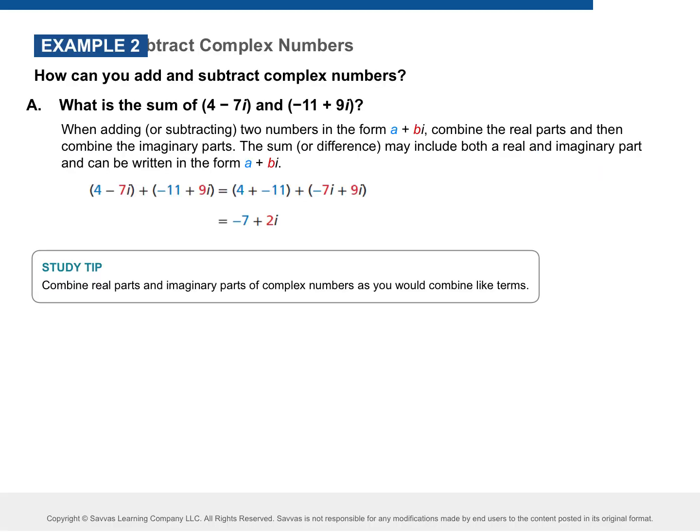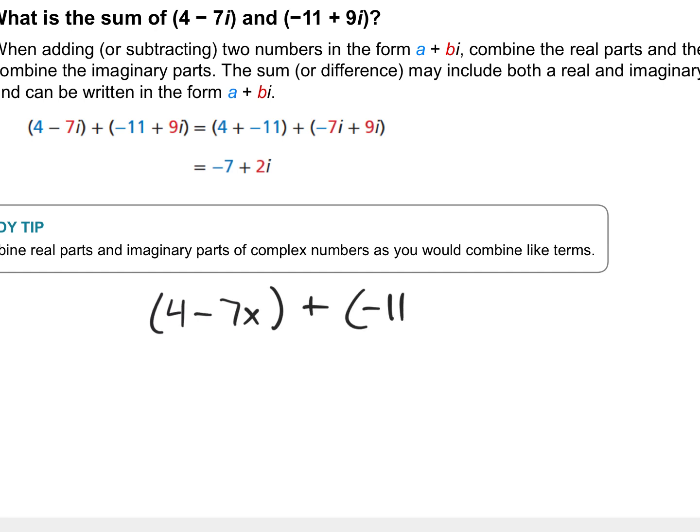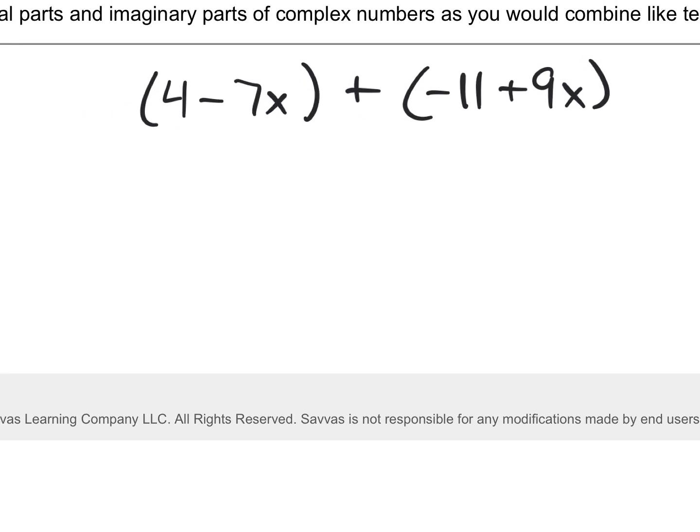Before we move on, write this off to the side of example 2. Write exactly how I write it: 4 minus 7x plus negative 11 plus 9x. You've been solving problems like this for a very long time now. What operation is happening in the middle?